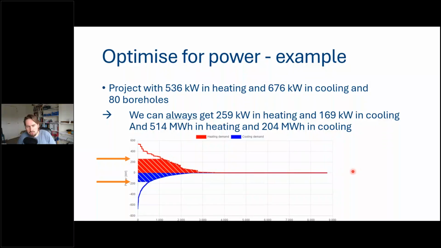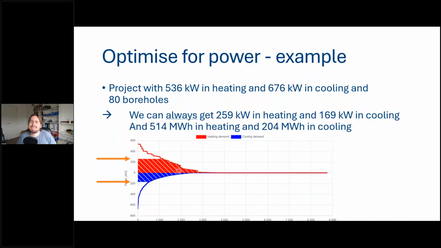Now, if we have the load duration curve of the building below, for the people who are not aware of this, the load duration curve is when you have the hourly heating and cooling value for each hour of the year of your building, and you arrange them from large to small. That's what you can see on this figure. And you see, if we do this optimization, that we can get 259 kilowatts in heating and almost 170 kilowatts in cooling.